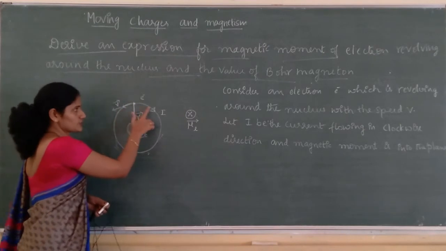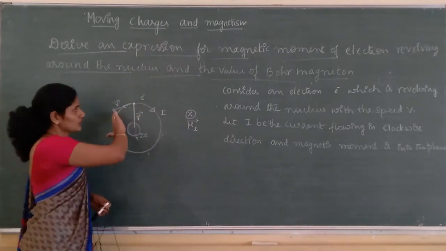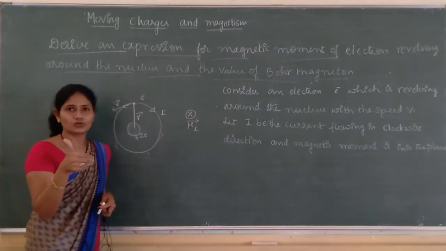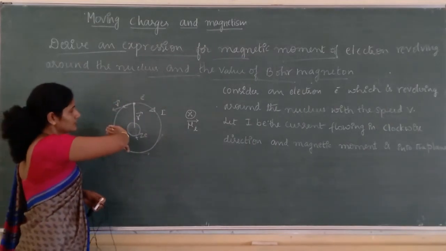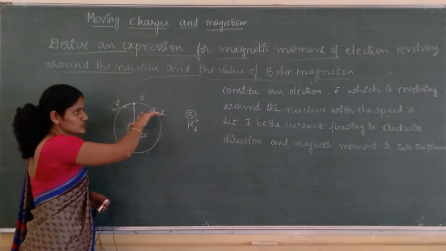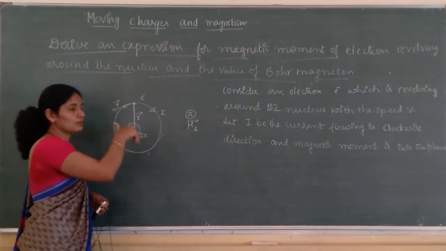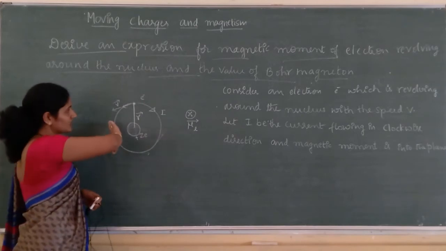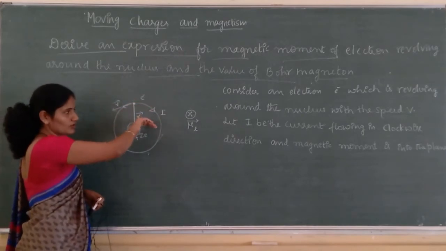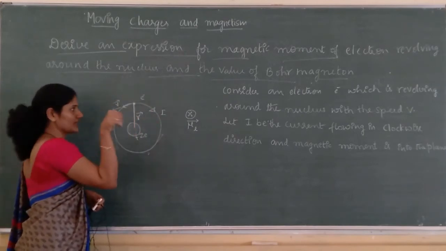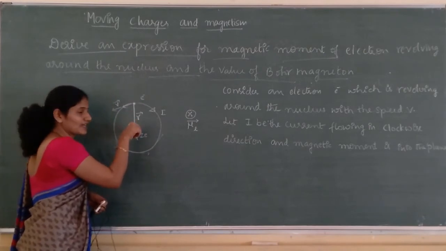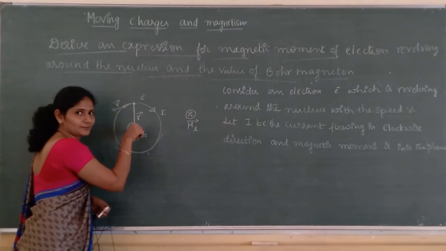So, this is the direction of current. So, current is flowing in this direction. We can use right hand rule. If the curled fingers give the direction of current, then the thumb gives the direction of magnetic field. Here the current is flowing like this, therefore, the thumb is in this direction, it is inwards, that is, magnetic field is into the plane.